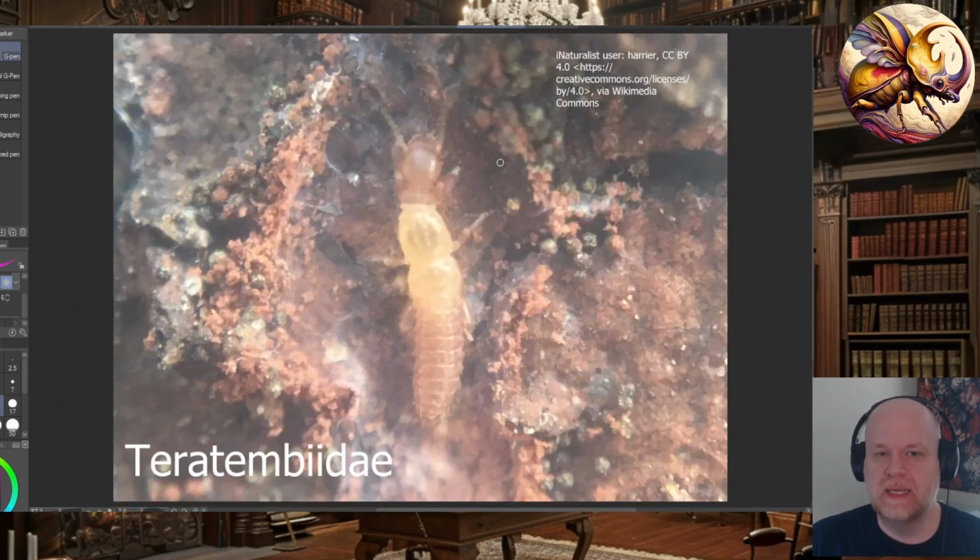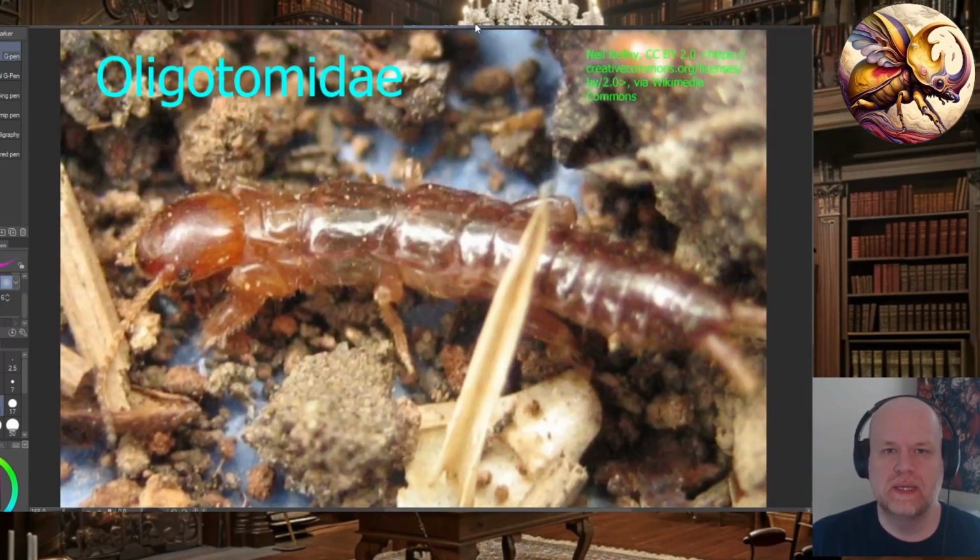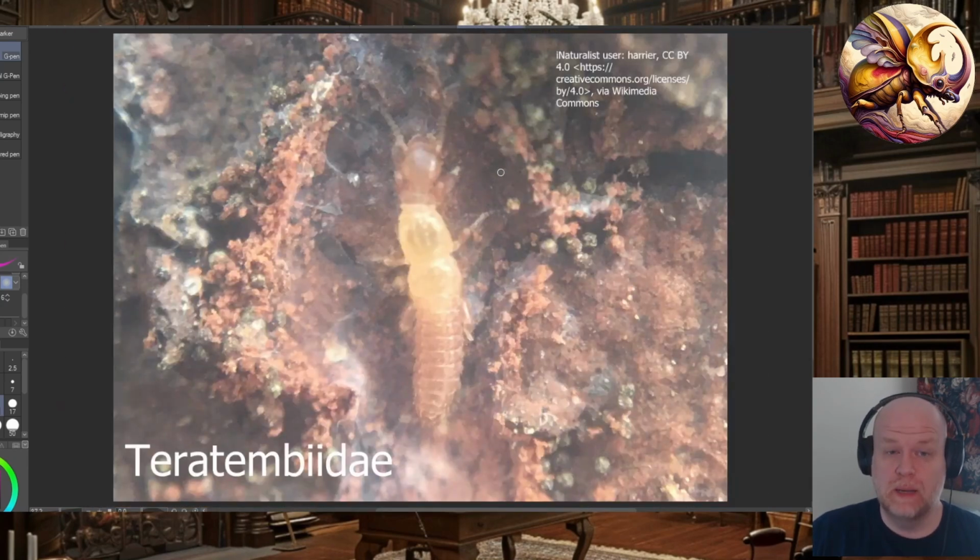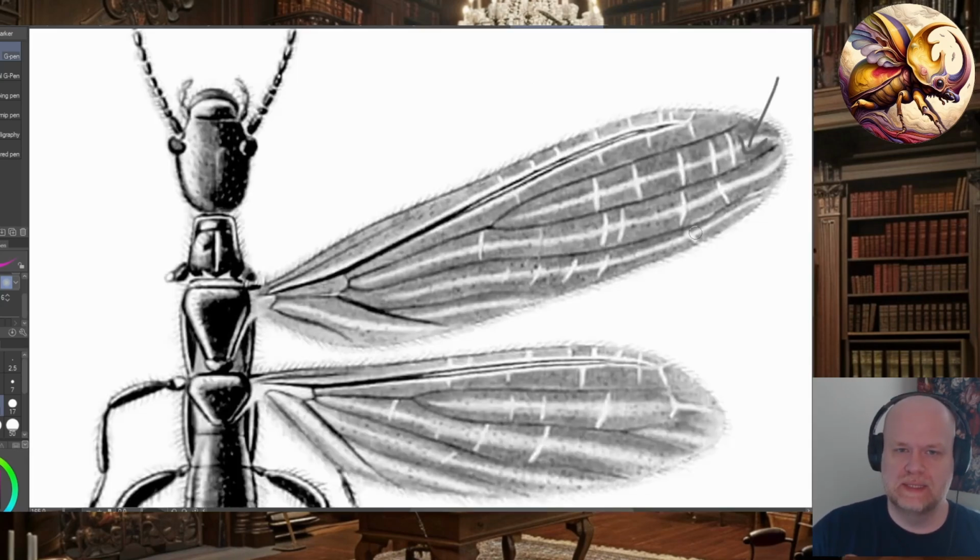And then the way that you tell the Oligotomids and the Tetratembiids apart is you need a winged male. You will need to have a wing, and you will have to find the RA vein and MA vein, so median anterior.